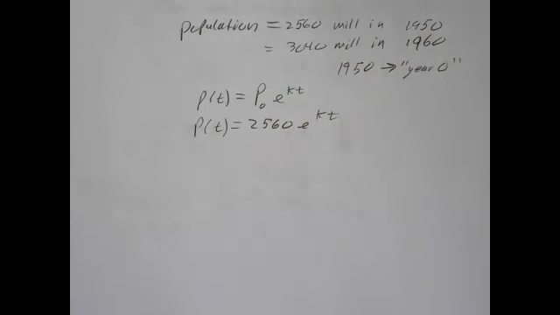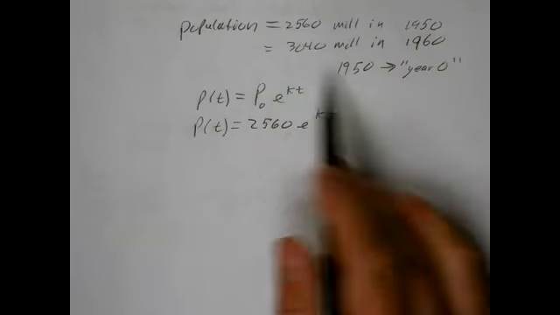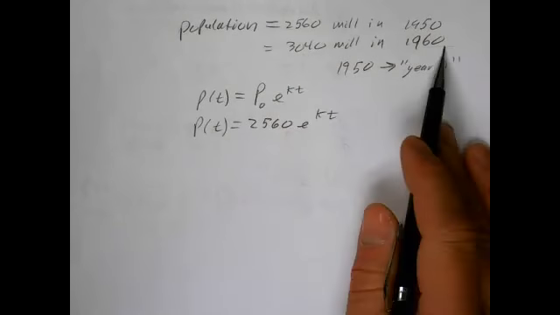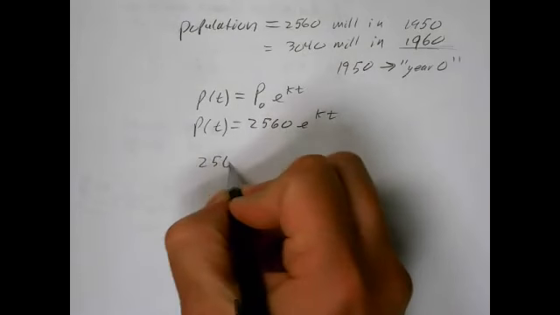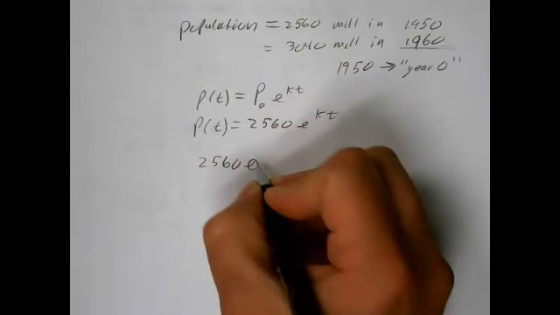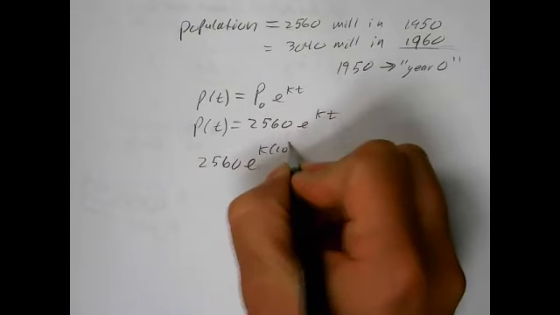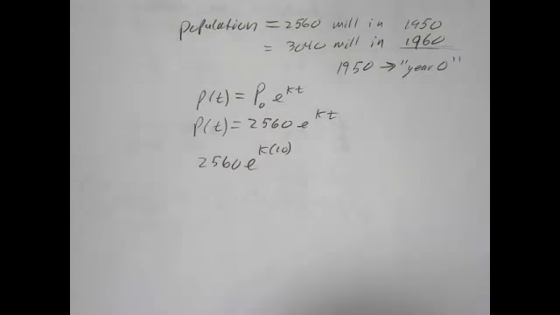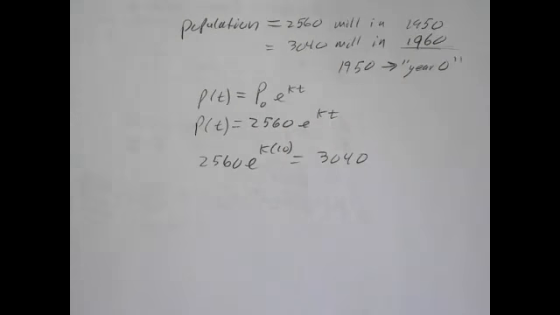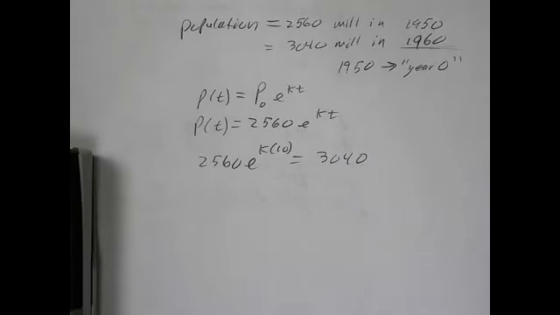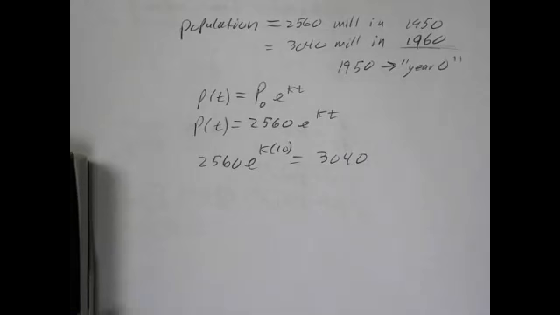All right. In addition, we can use this value for this year to say that 2,560 e to the k times 10, because they're looking at 10 years later, is equal to 3,040, and again, everything's in millions. So what I need to get from this, what's still missing, is that k value.